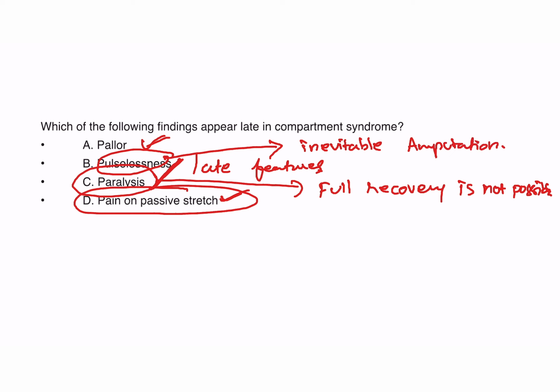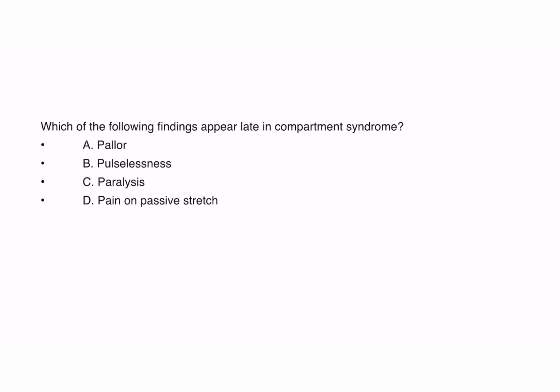By reading these statements, full recovery is not possible and pulselessness can inevitably lead to amputation, I would say pulselessness would be the very late complication when compared to that of a paralysis.